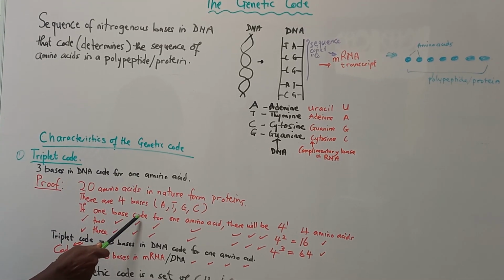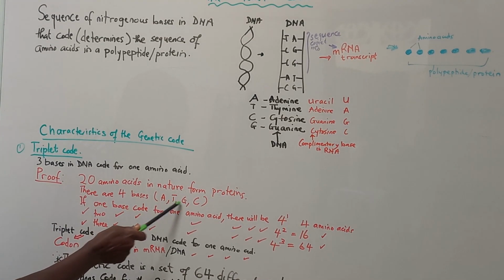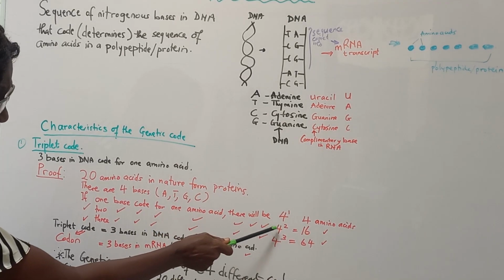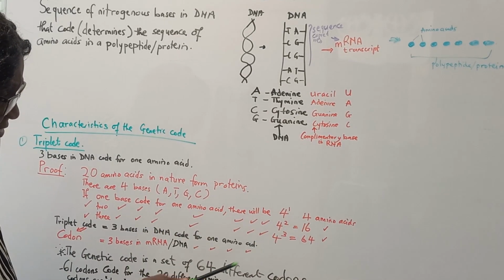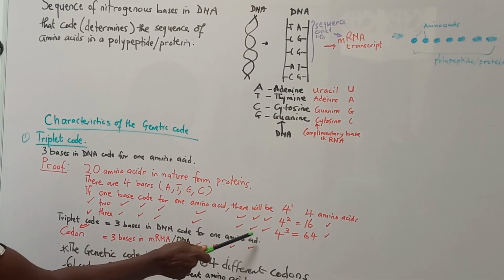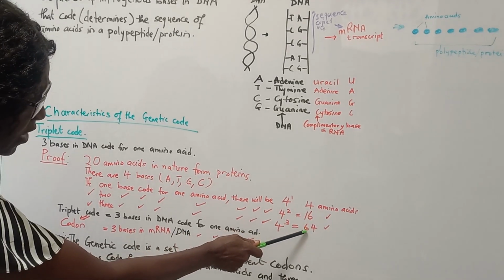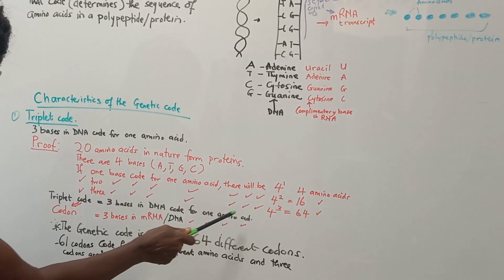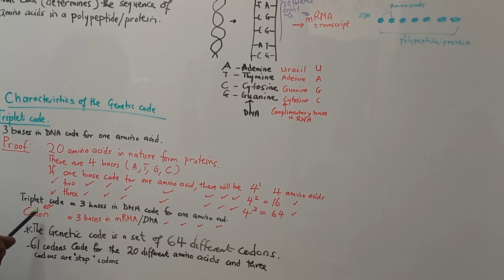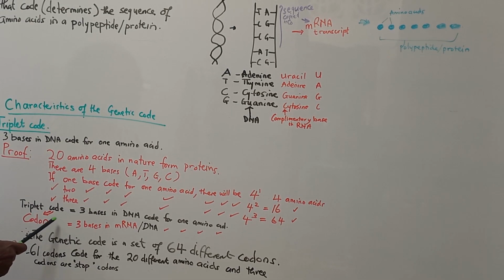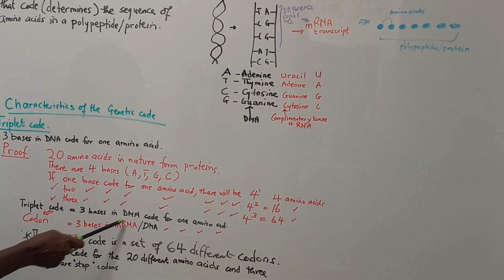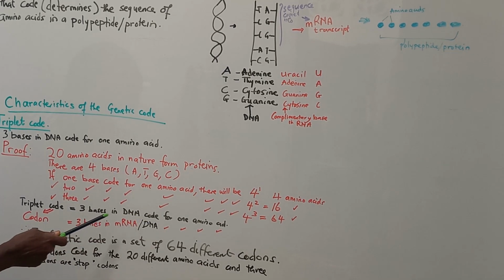If 2 bases code for one amino acid, we'll have 16 amino acids. If 3 bases code for one amino acid, we'll have 64. So the genetic code has been found to be a triplet code. Three bases in DNA code for one amino acid.